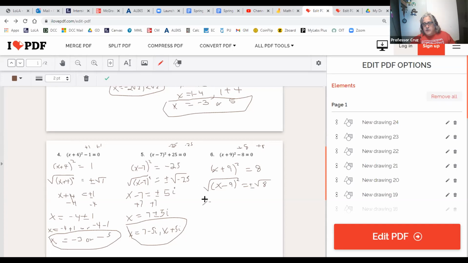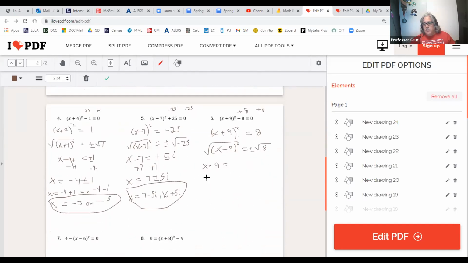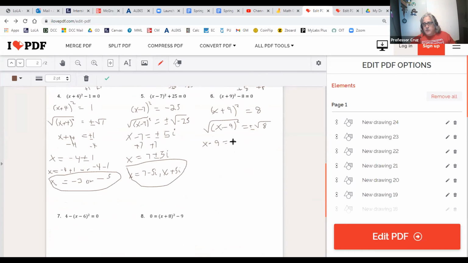That's x minus 9. And then we'd already done the square root of 8, so remember that's 2, plus or minus 2 square roots of 2. And then we're going to plus 9.